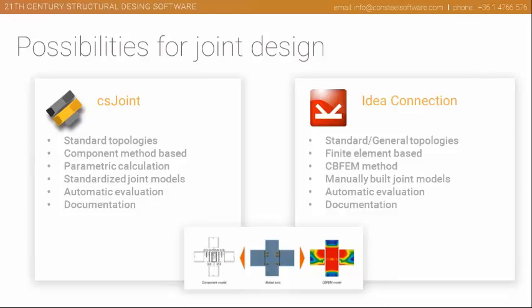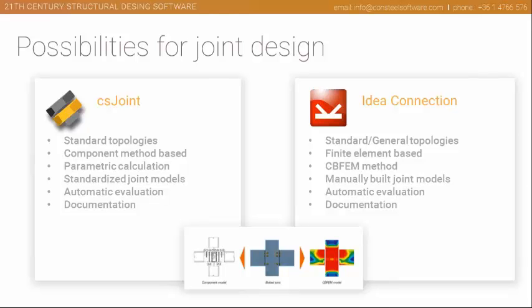First, the CS Joint module is based on the component method of the Eurocode, which is a good method. It gives you quick solutions and quick calculations, since these are parametric calculations, but they are only good for standard topologies and for standardized joint models.